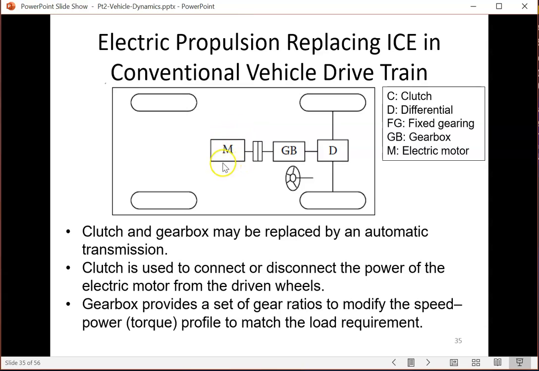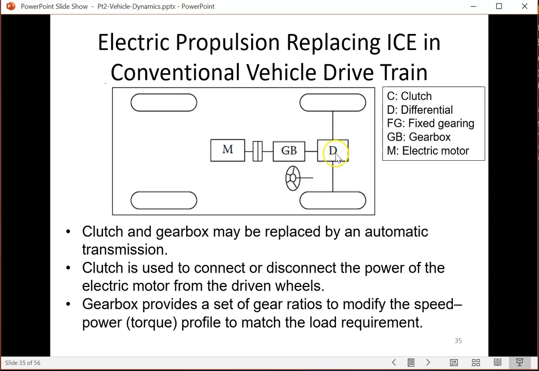Now traditionally, before the electrical motor was used, this block would represent an engine. The engine drives the gearbox through the clutch. They can engage and disengage and change the gear ratio here. And then the output of the gearbox drives the differential. The differential gearbox is there to distribute the force or the torque to the two wheels evenly.